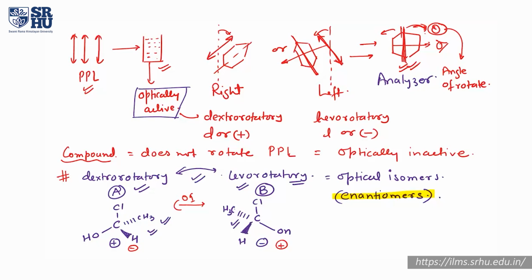This complete setup, this complete instrument, has a name and it is called a polarimeter. So polarimeter is the one which can tell us whether a compound is optically active or not, which means whether the compound rotates plane polarized light towards right or left. Okay, so polarimeter is the instrument. You must all remember what polarimeter is.